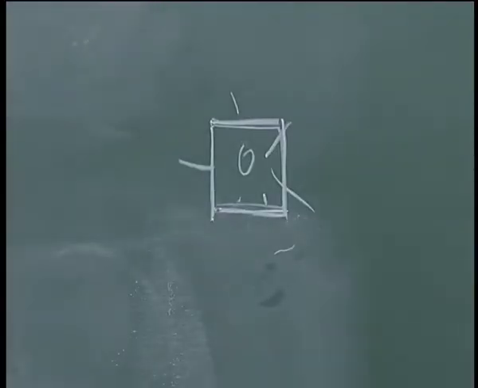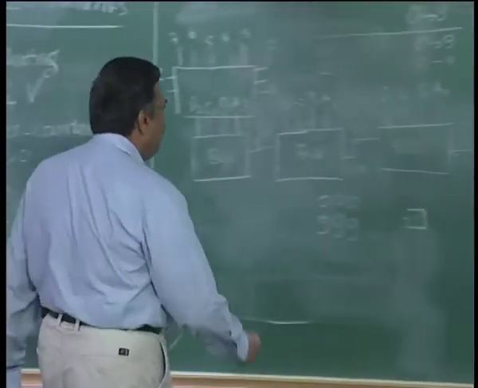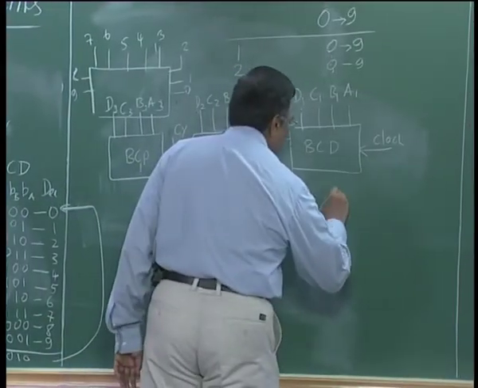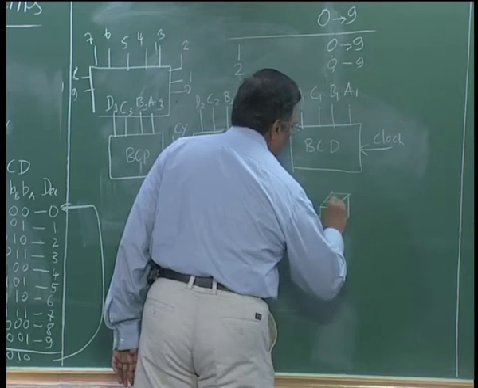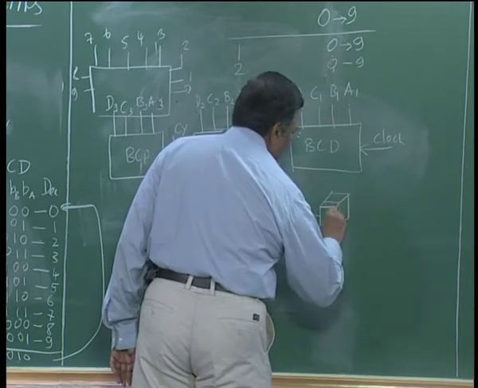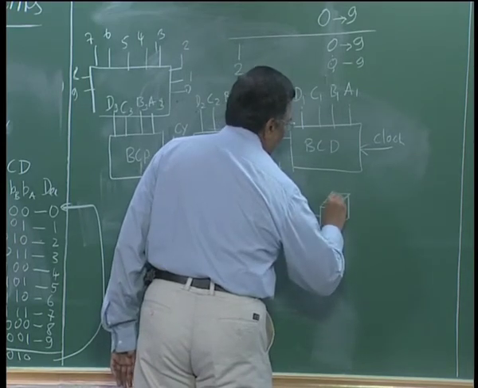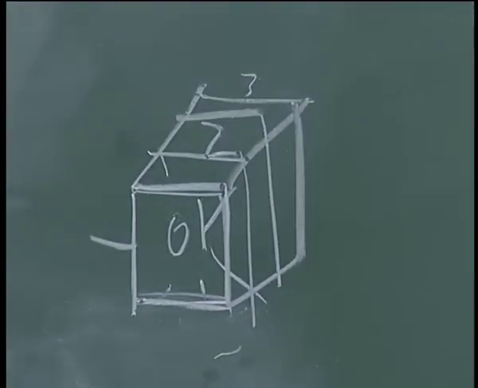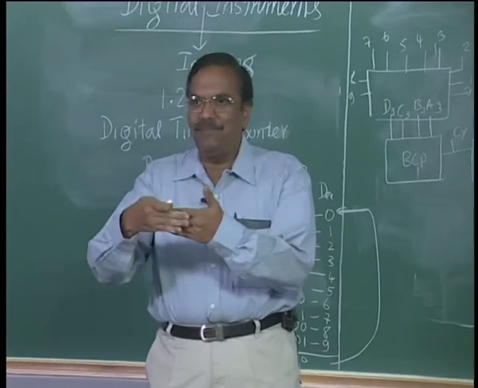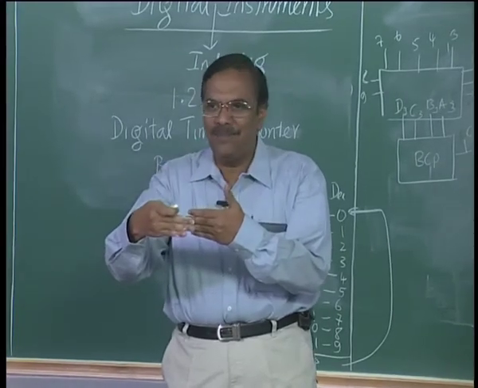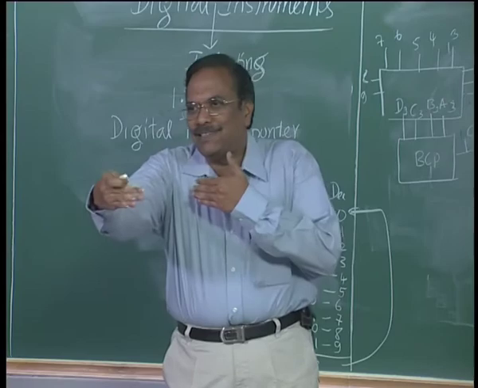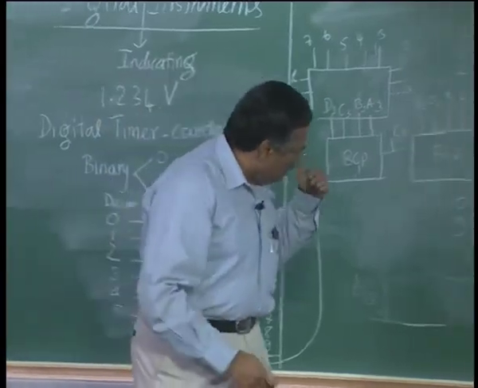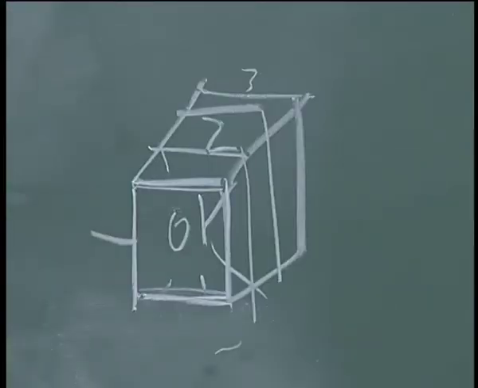So what they did was they used depth. 0 was at the first, this is 2, this is 3. You put a 0 in the front, 1 at the back, 2 further backwards, 3, 4, 5, 6, 7, 8, 9. It is the same position, but the displays will be one behind the other.